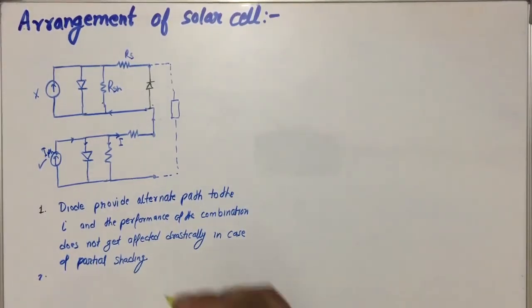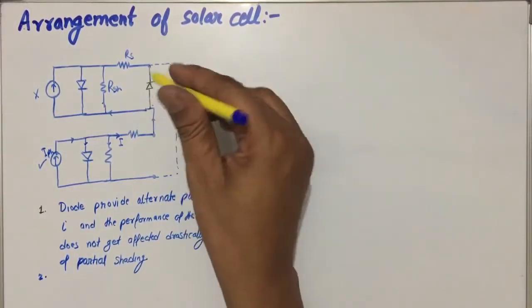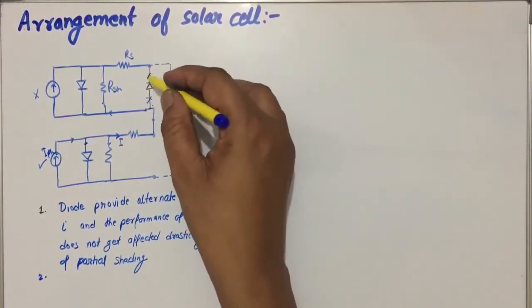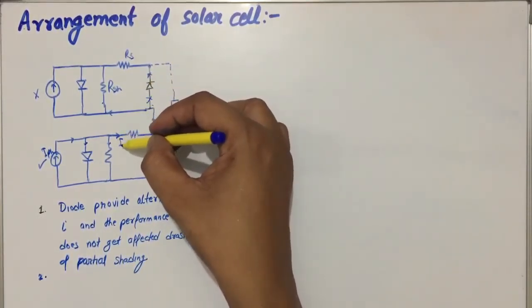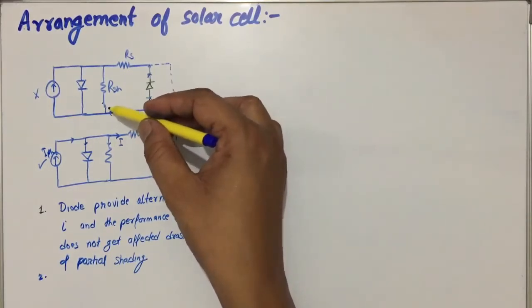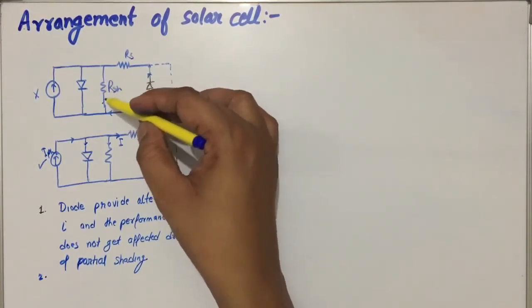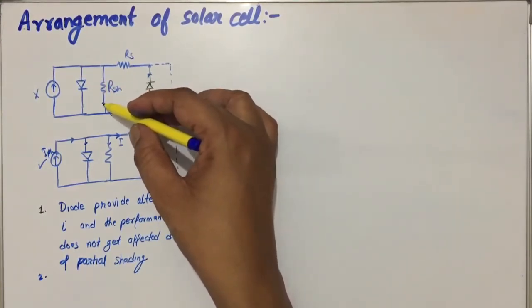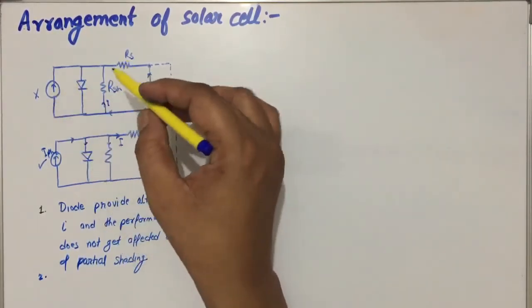Else, what will be the next task done by this diode? Consider that the current generated is not present. Then this current that comes here, even though the shunt resistance is very high, part of this current will flow through this because there is no path.